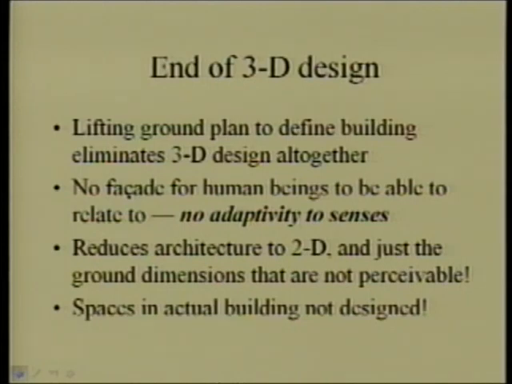You're not designing either the facade or the spaces of the interior of the building. All you do is design the ground dimensions. So defining the ground plan and then lifting it in various layers does away with three-dimensional design altogether, and most of architecture.